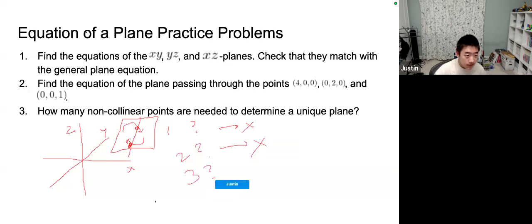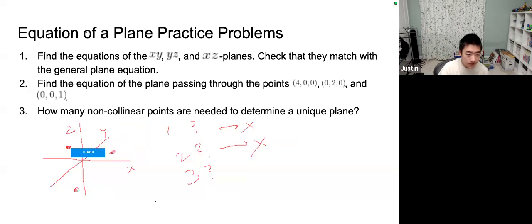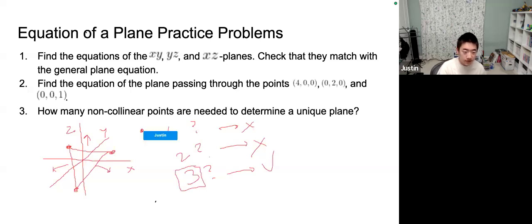But for 3, since the points are non-collinear, these will determine a triangle. And if you extend the triangle in all directions, this gives you the plane of the triangle. So actually 3 is enough. And you do need the points to be non-collinear, because if they are collinear, then this will just form a line, and again, there's infinitely many planes.